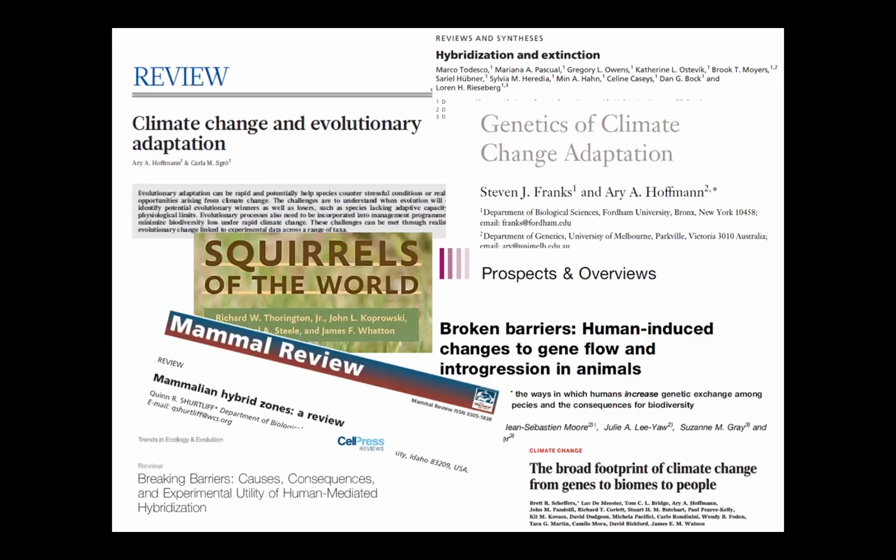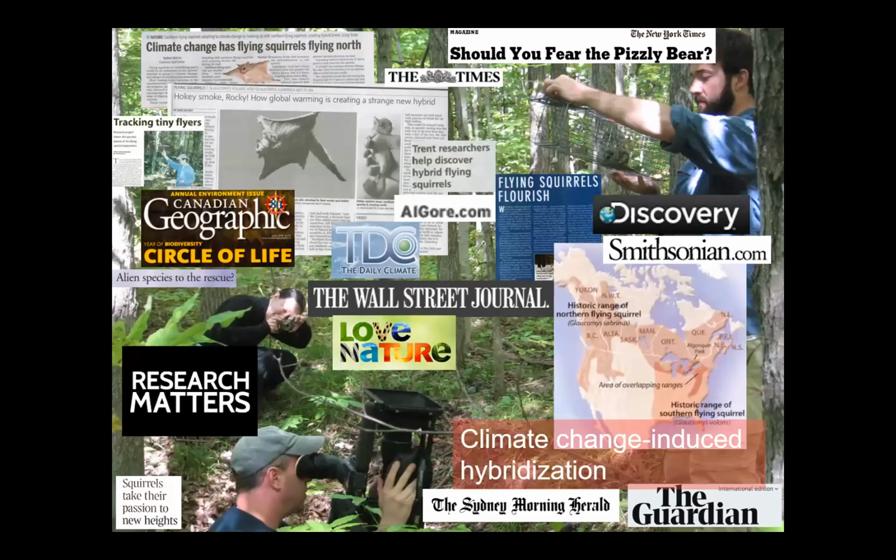This was a pretty big story at the time because right around then, there was this theoretical notion that climate change, should it shift species distributions and increase secondary contact, might lead to a kind of genetic homogenization among species. And our flying squirrel study was one of the first concrete examples where we could link climate change to hybridization. And so there was lots of media coverage and that sort of thing.